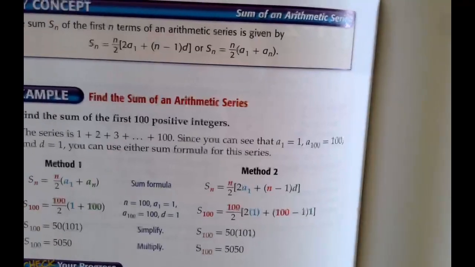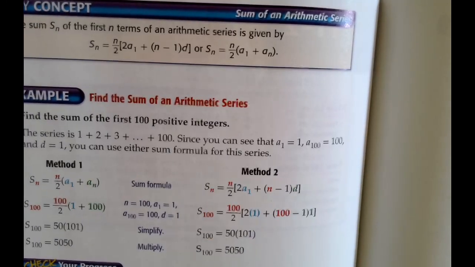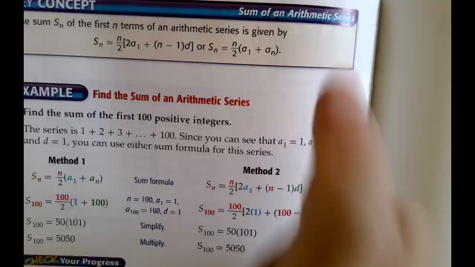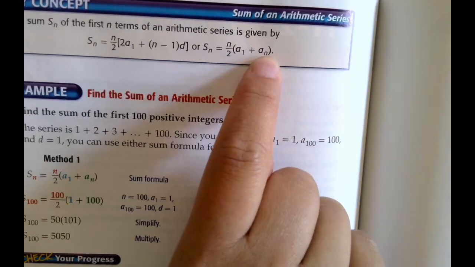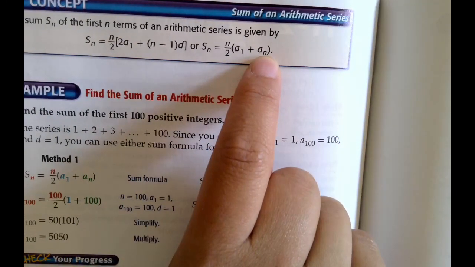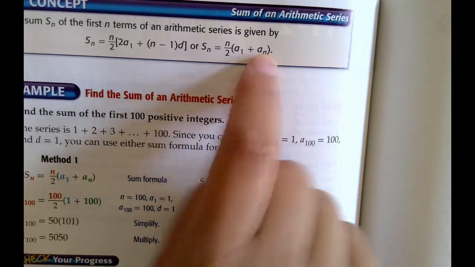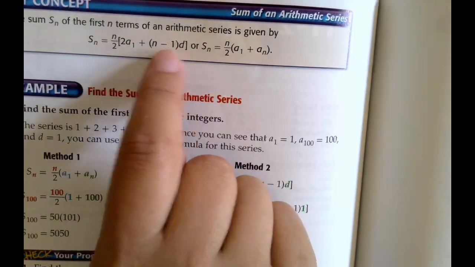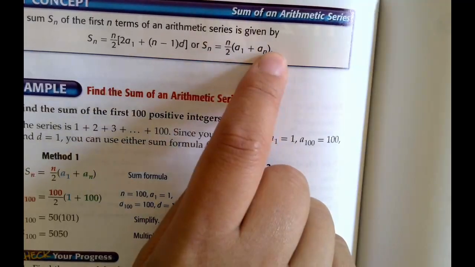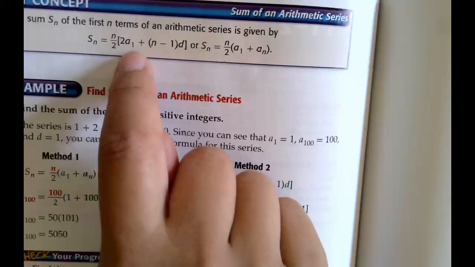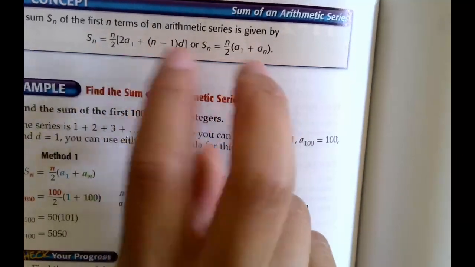Another way you could write it is like this, and it really just replaces a sub n with what we know about an arithmetic sequence. A sub n is a sub 1 plus d times n minus 1, so if we have a sub 1 from here plus this, that's why it's 2 a sub 1. So really these are both the same thing.